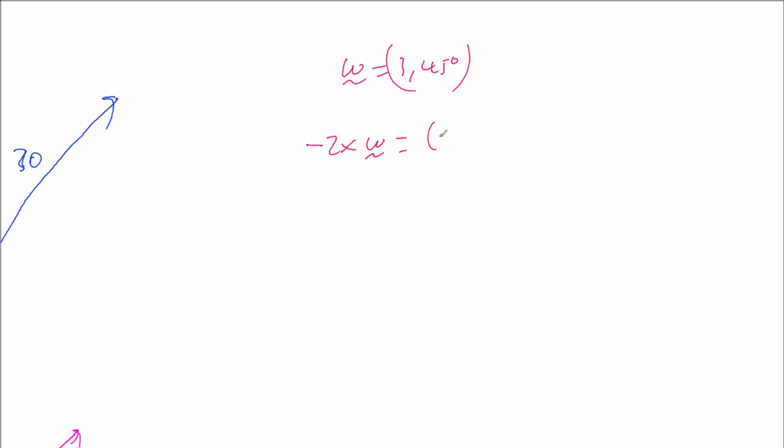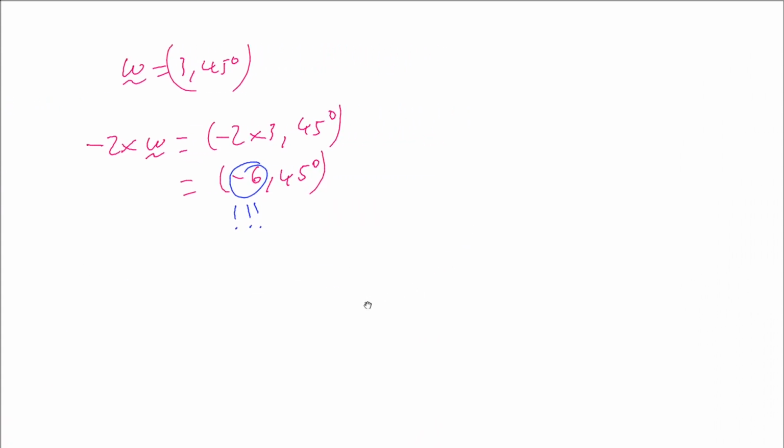That means I want to do negative 2 times its magnitude, and that's going to give us negative 6, 45 degrees. But a magnitude with a negative value is kind of problematic. We don't like that. So let's have a look at it on a Cartesian plane, on the diagram.